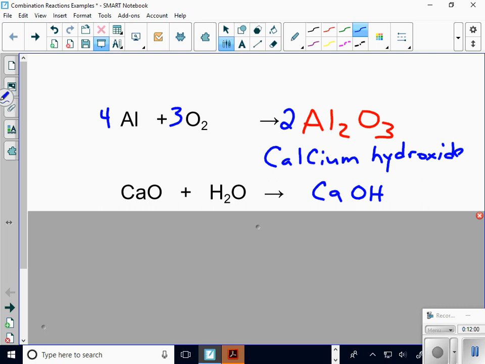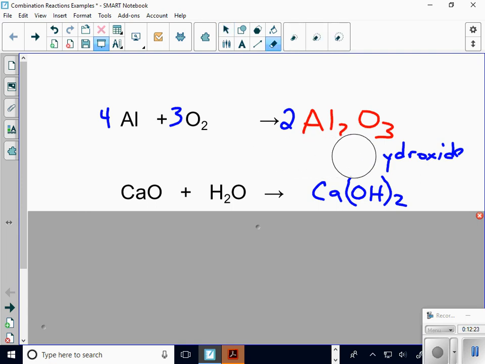Why isn't it, Ethan? Okay, calcium is a 2+ charge, hydroxide's a 1-, so I need the parentheses 2 to have my charges balance out. So I've got calcium hydroxide.